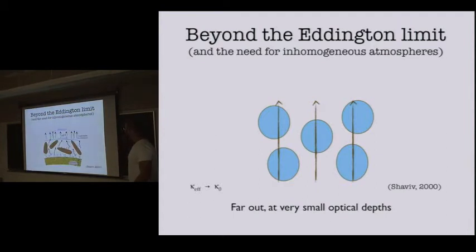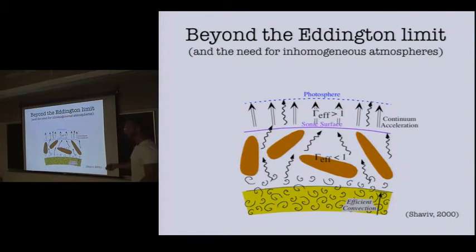To look at the bigger picture, if the core of the star is at the bottom of the screen, somewhere here, convection is efficient until a point where the density is too low, and generally the conditions do not favor convection, at which point the hydrodynamical instabilities begin to form. The gamma, which is the ratio between the luminosity and the Eddington luminosity, is effectively under 1 because the opacity is smaller.